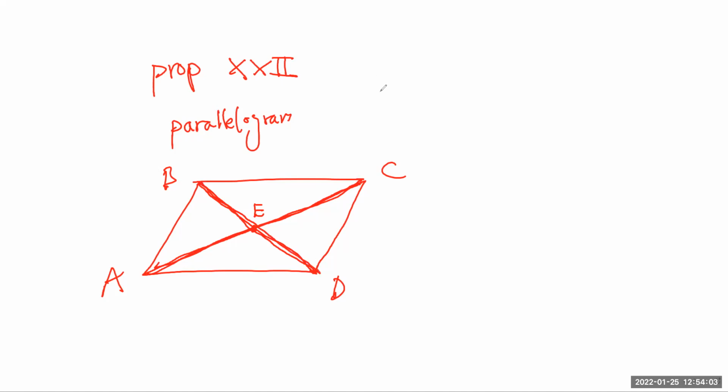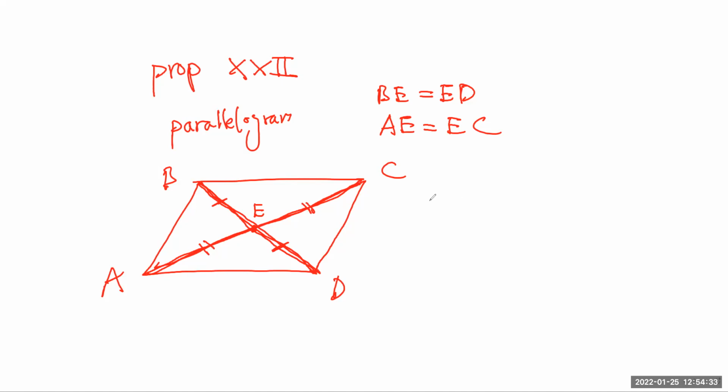So basically what I'm saying is BE is congruent to ED. So this and that are congruent. And also AE is congruent to EC. And this and that are congruent.